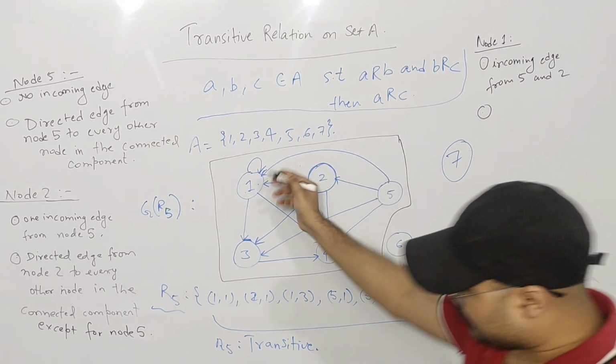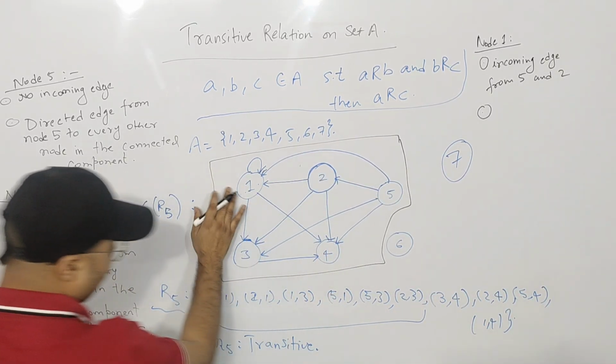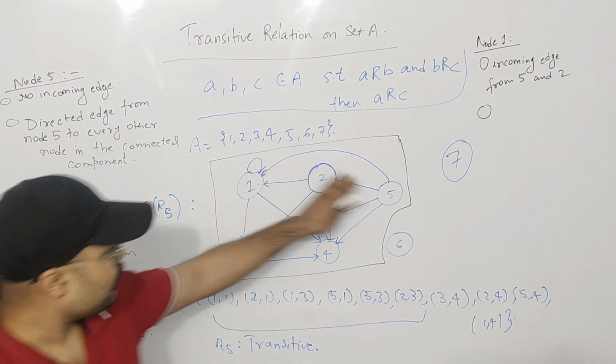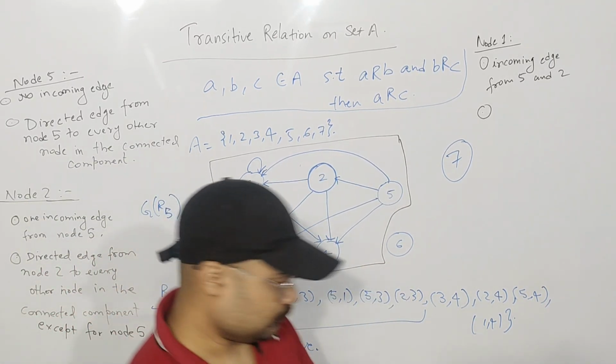So from 1 you have an outgoing edge to every other node in the connected component except for 5 and 2.